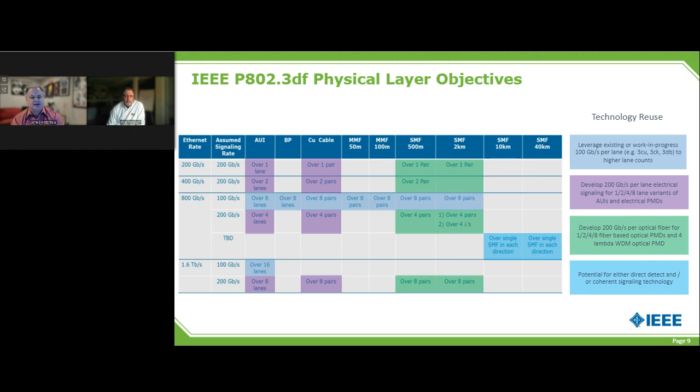It's been used a lot by the telecom people for the reaches that go 80 plus kilometers, hundreds of kilometers. And we're going to look, and there is a possibility that that may be brought down into the 10 and 40 kilometer space, because doing a direct detect signaling at that speed and reach would be extremely challenging. And that's going to be one of the intense debates, I would imagine, in our group.